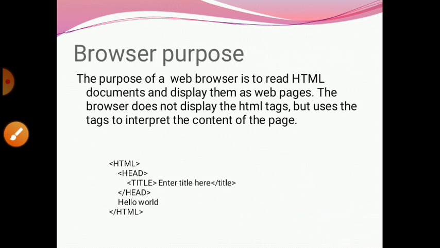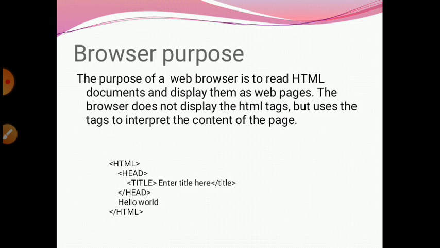Now, the browser's purpose. The purpose of a web browser is to read HTML documents and display them as web pages. The browser does not display the HTML tags but uses the tags to interpret the content of the page.